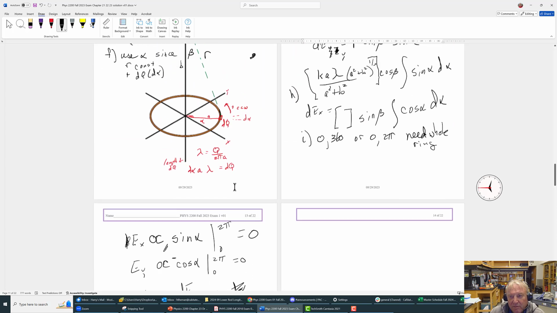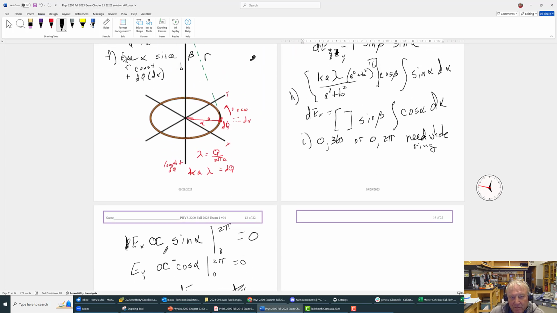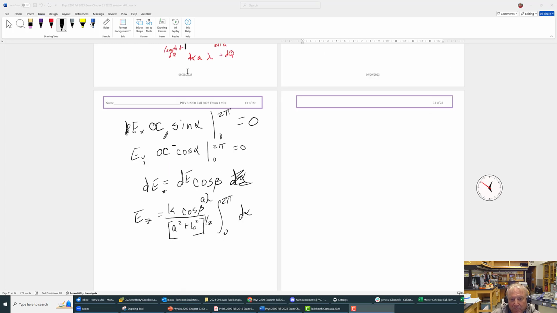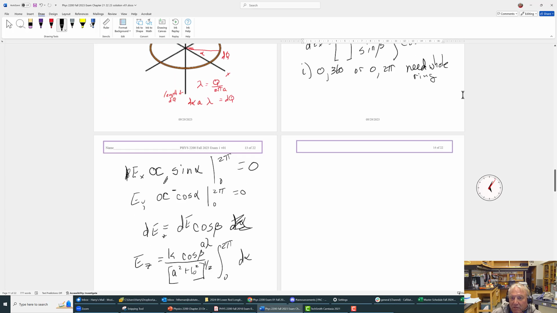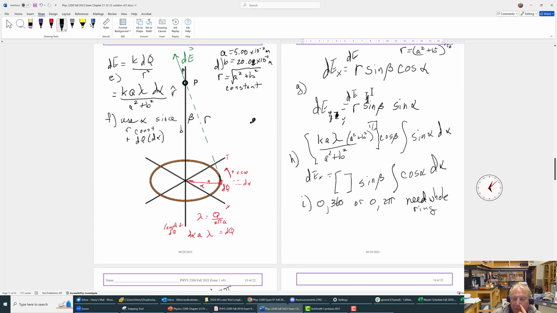I'll be careful. Pause. And let's see. So right, because it's r just as before, r cosine of beta instead of r sine of beta. So you end up with this expression.